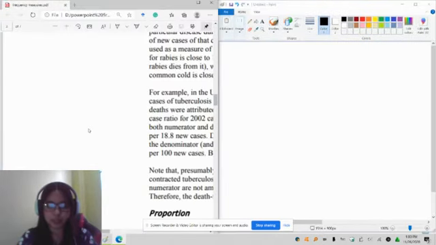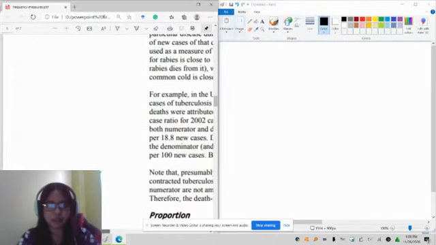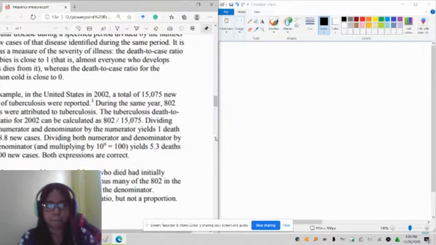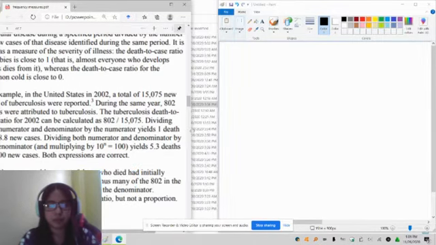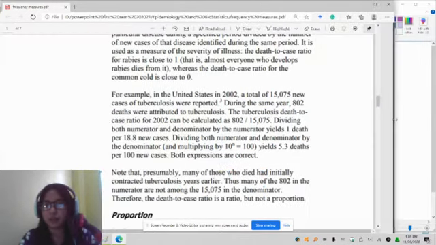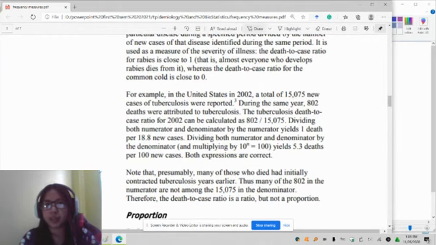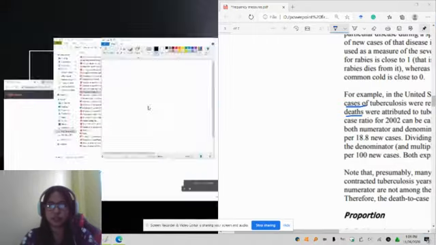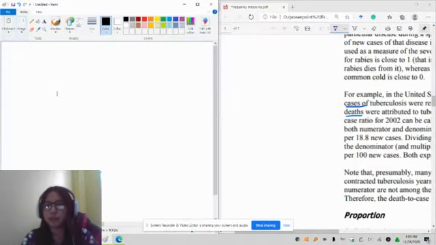But of course, we still need to see the values here. So we have 802 deaths and 15,075 new cases.